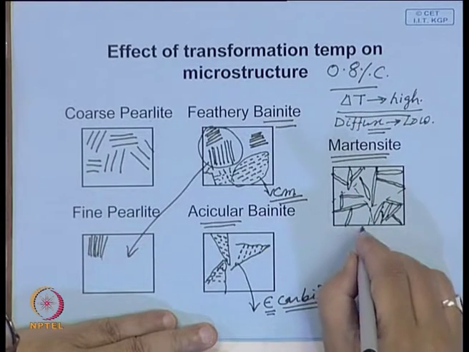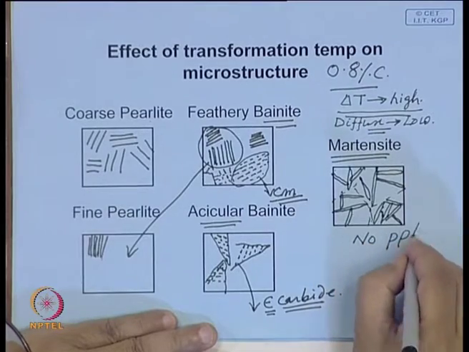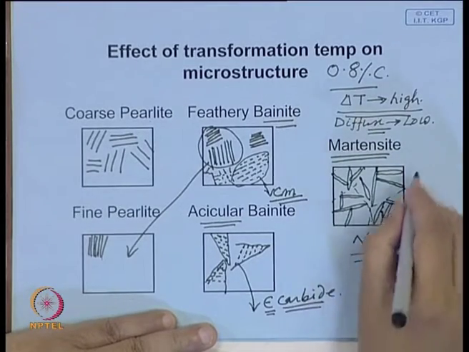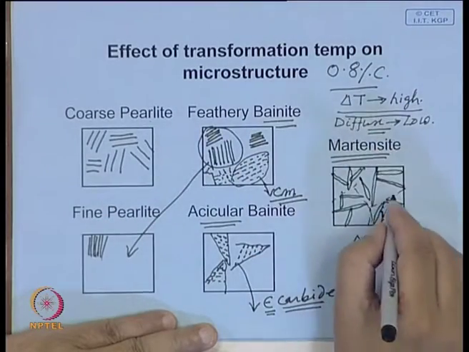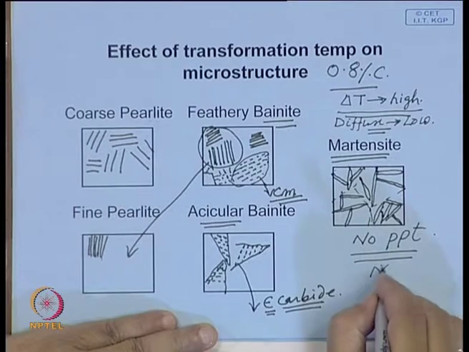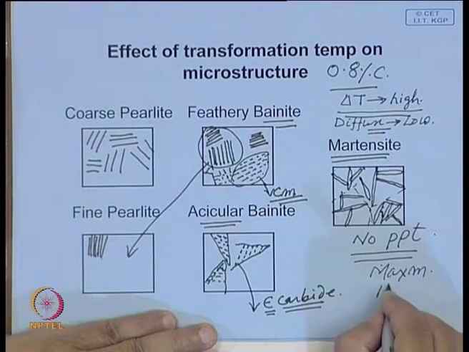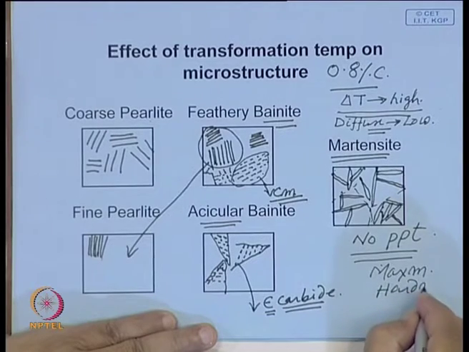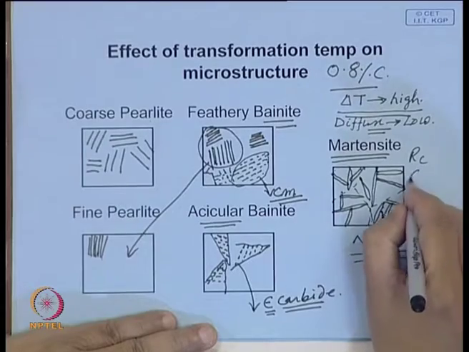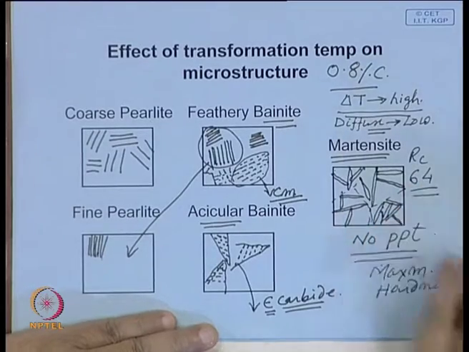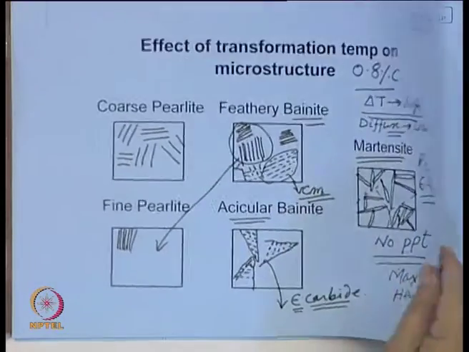There is no precipitate here. This is the type of structure you get on quenching which has maximum hardness, say on the RC scale, it may be some RC 64. So, this is an extremely hard structure that you can get in steel.